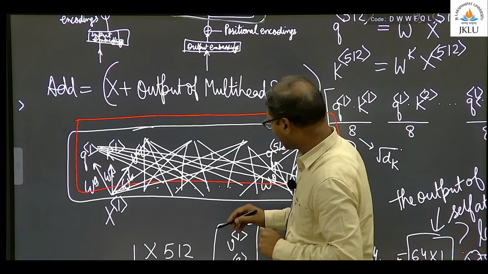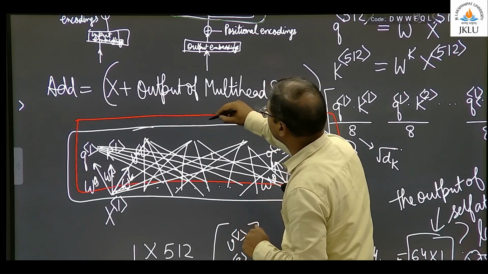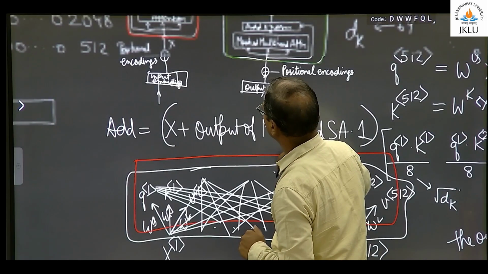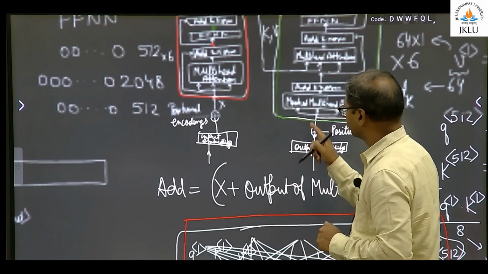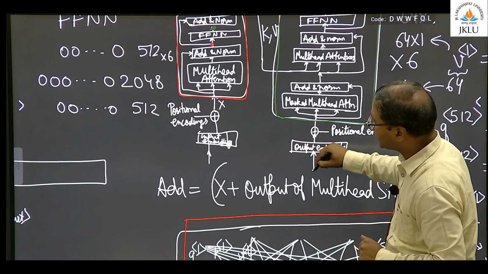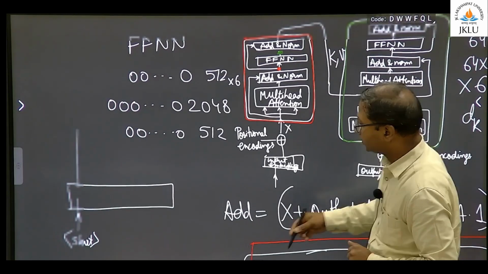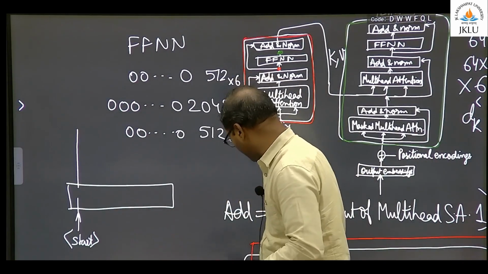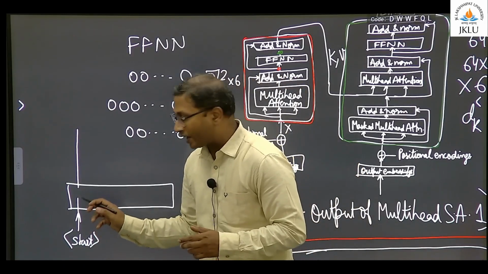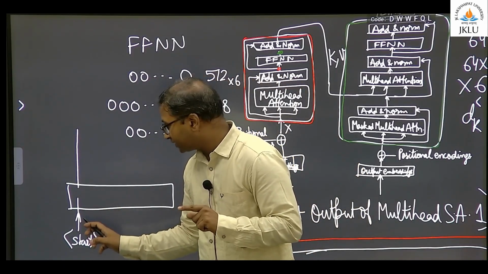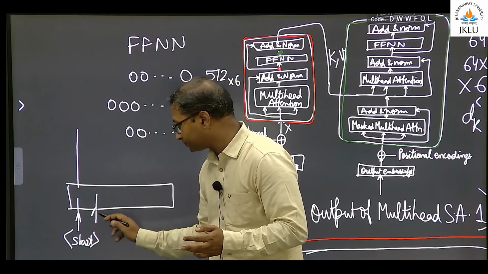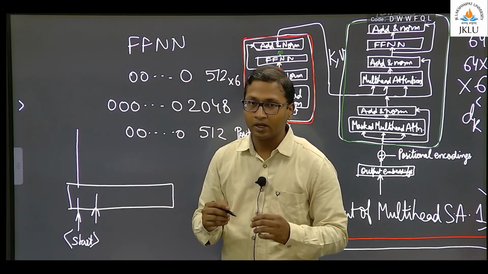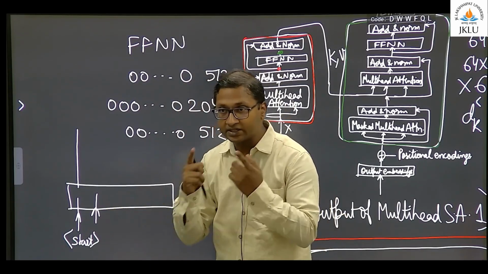Now, what will go wrong if I start doing that here? So I am at the encoder right now. I am at the decoder right now. So if I am at the decoder, this thread, can I make use of this guy? I cannot, because I have not yet generated this.